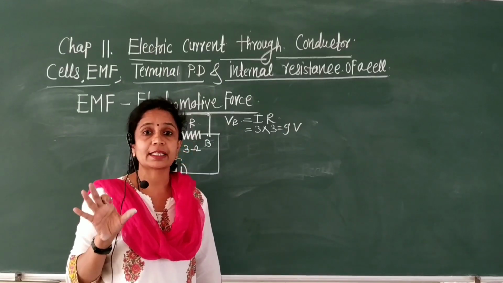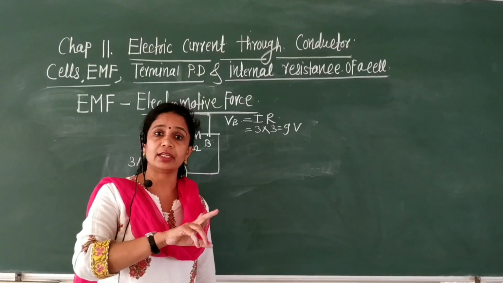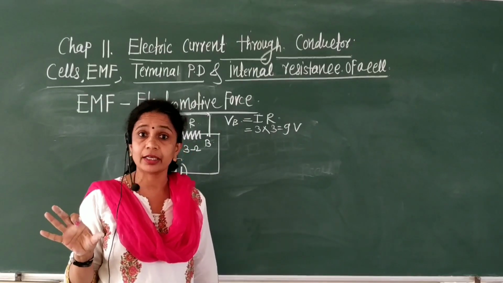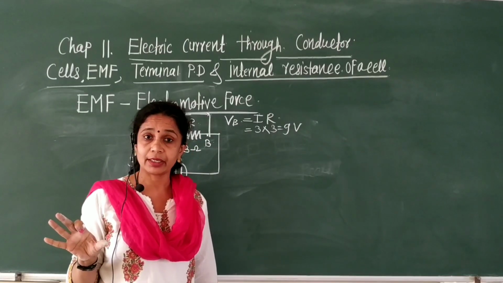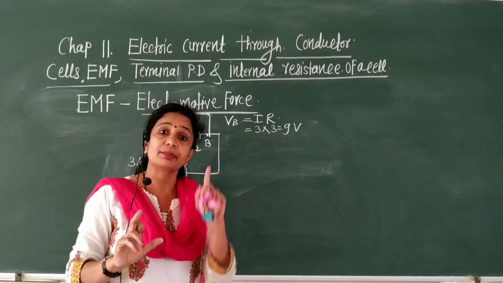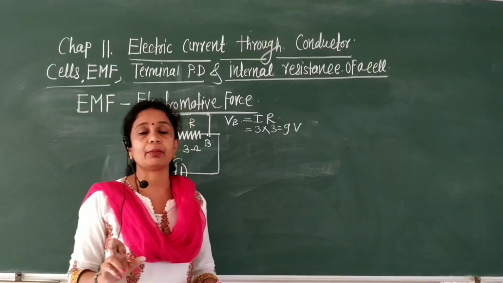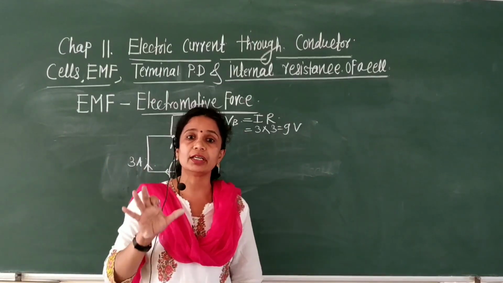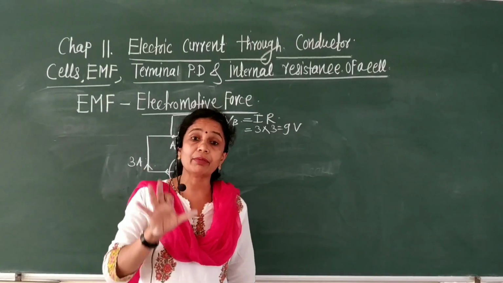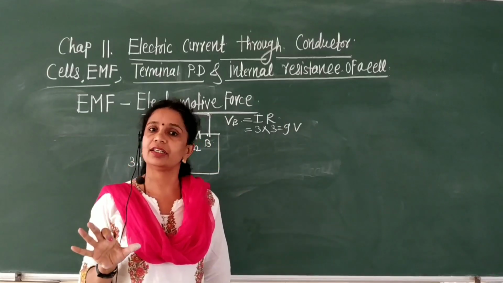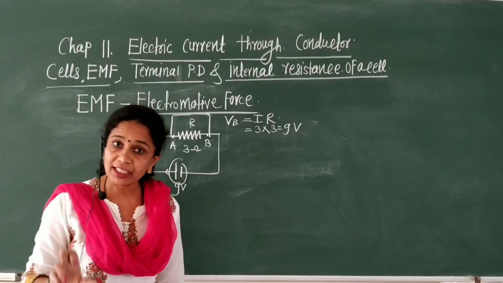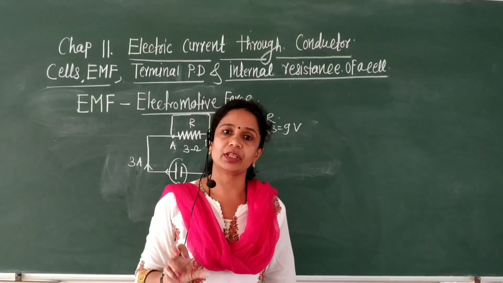You know the SI unit of potential difference is volt, and the unit of EMF is also volt. Correct. But there is a difference between PD and EMF. PD makes the electron flow and EMF maintains the potential difference. This is the difference between the potential difference and the EMF.